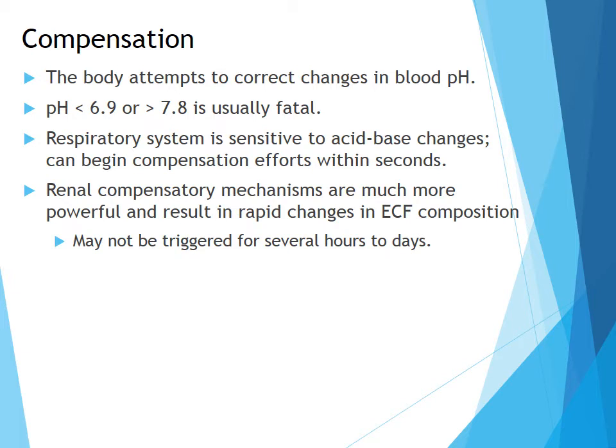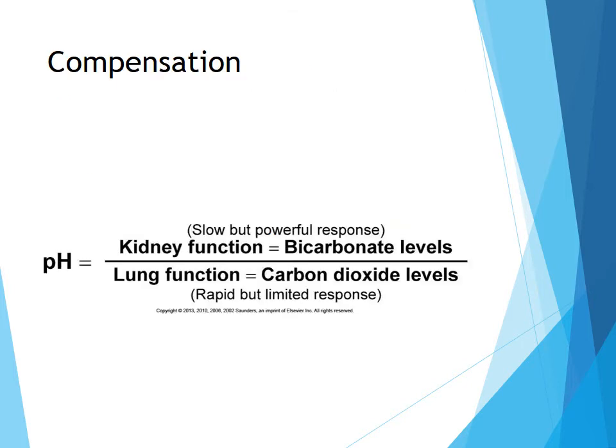So the renal compensatory mechanisms actually take a lot longer than the respiratory mechanisms. And any pH levels less than 6.9 or greater than 7.8 are usually fatal.